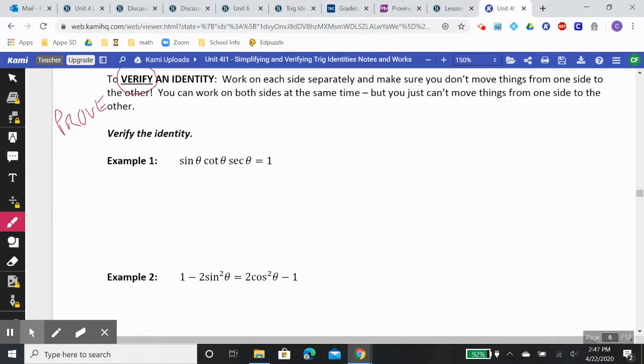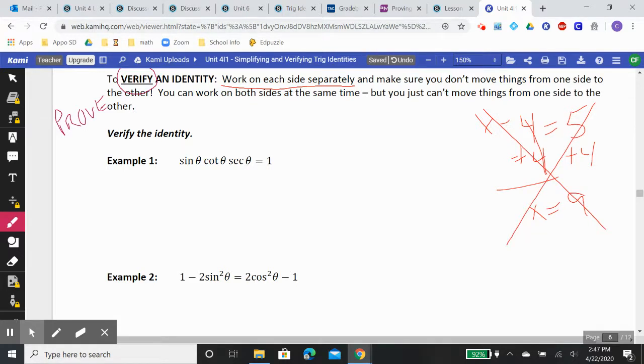a couple key things to know about when you verify. First of all, if you look up here at the directions, work on each side separately. Okay. Unlike an equation where if I had something that was x minus 4 equals 5 or whatever, you add 4 to both sides to get your answer of x equals 9. Okay.